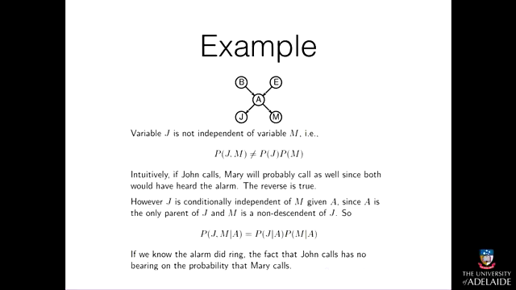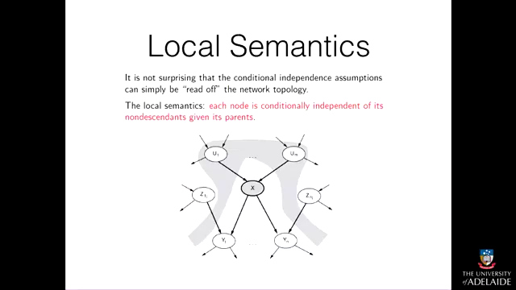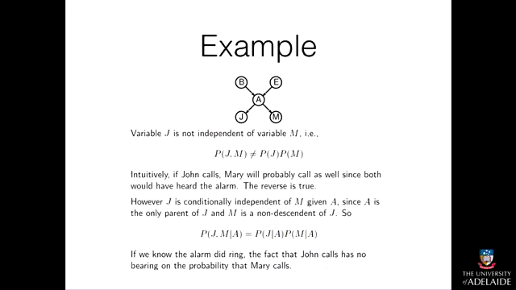You cannot go from J to M, right? So M is a non-descendant of J. Okay, so the first requirement is satisfied. The second requirement is its parents are given. So if A is given, A is the parent of J, then we know J and M are conditionally independent given their common parent A. Okay, so we can immediately know they are conditionally independent.